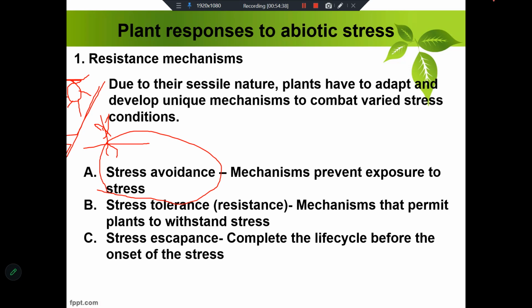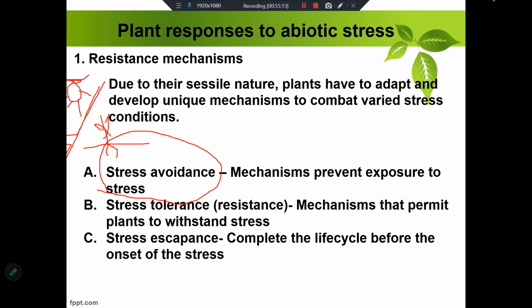We know that once the seed is dispersed, it will fall onto the lagoon, and the water is very salty, and it will discourage the seed germination. So what will happen? The seed will germinate attached to the mother plant. So it is a mechanism that prevents the exposure to the stress.